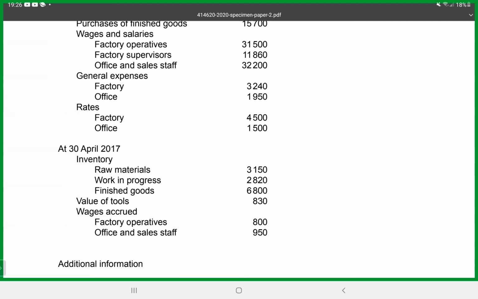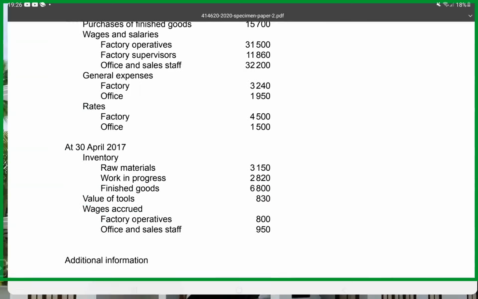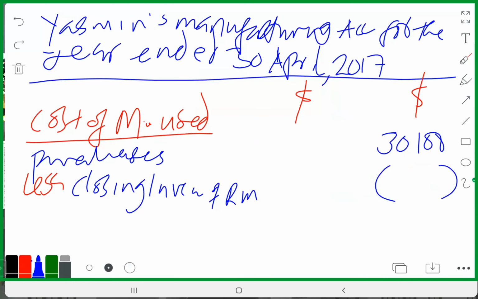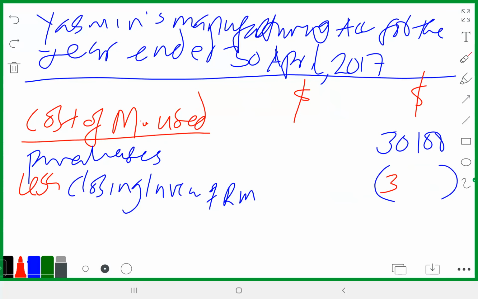Yes, sir. The stock of raw materials. Yes, this one, 3,150. That's the closing stock of raw materials. So we can less that. And what do we have as the cost of raw materials? 28,050 kwacha.